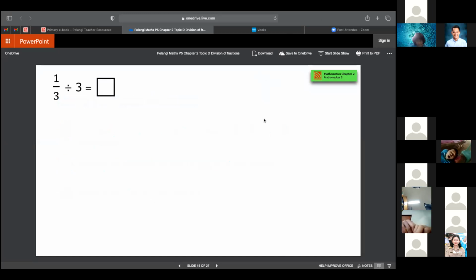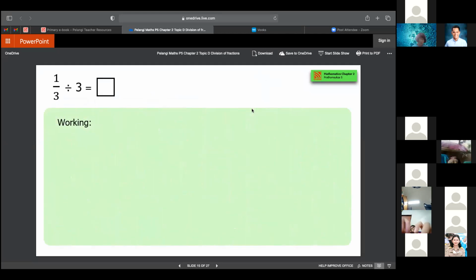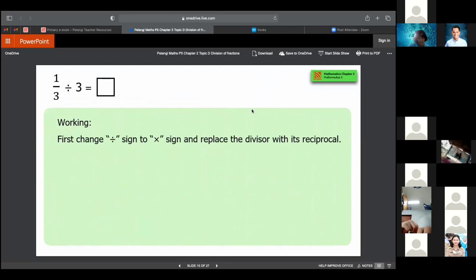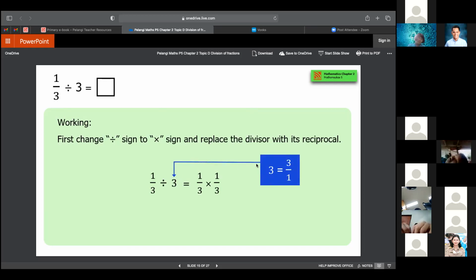Let's apply. 1/3 divided by 3. First, we write 1/3 and change the division sign to multiplication. So that becomes 1/3 times 1/3. 3 becomes 1/3 because that is the reciprocal of 3/1.